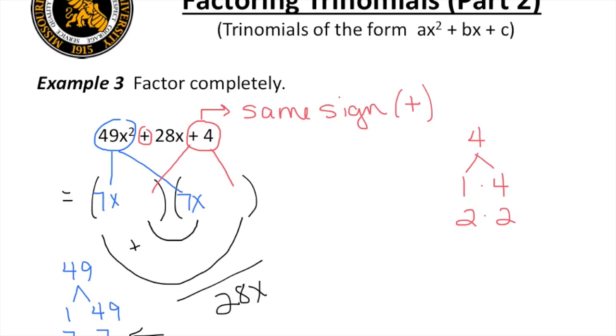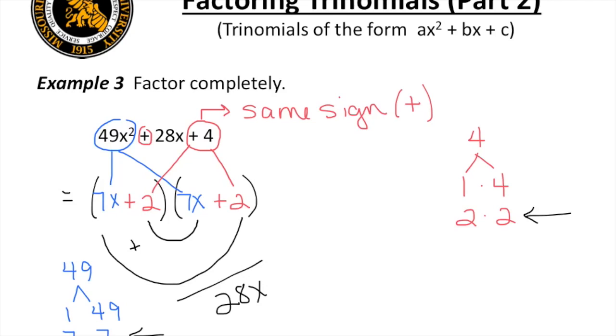Anticipating this, we can see that it's probably in our best interest to choose the factor pair involving 2 and 2. So let's put our plus 2 and our plus 2 in both binomials.